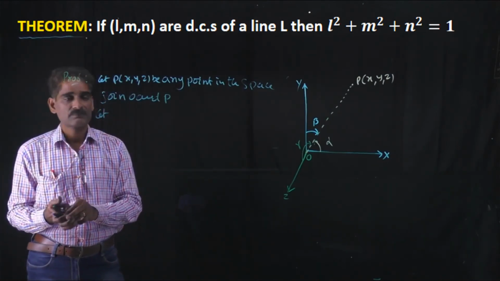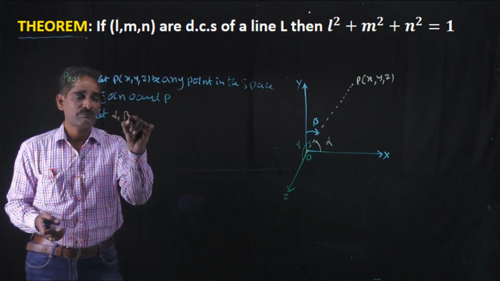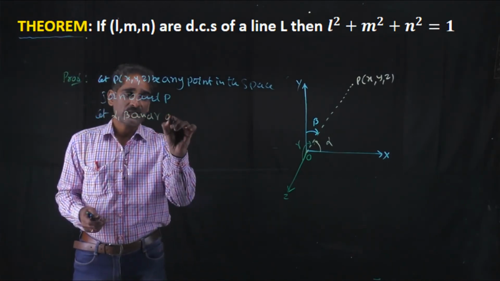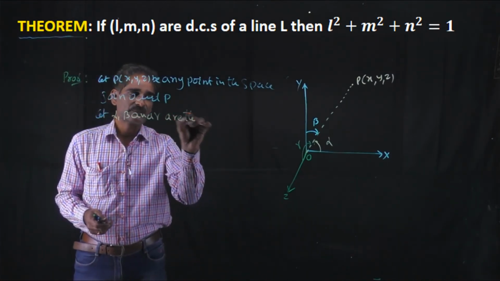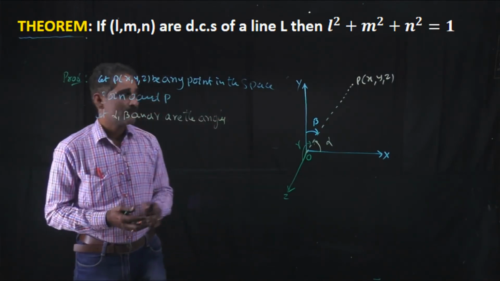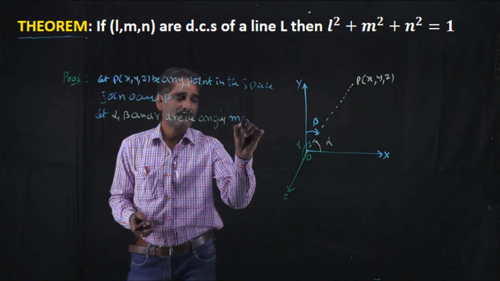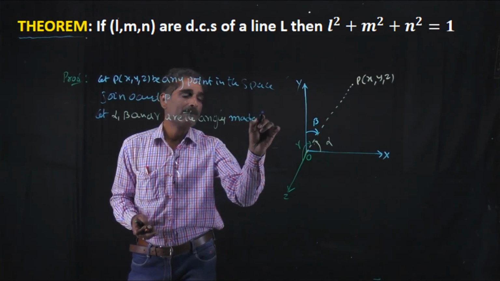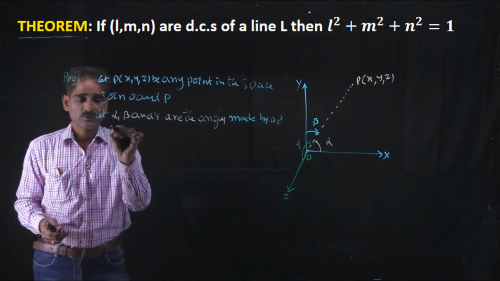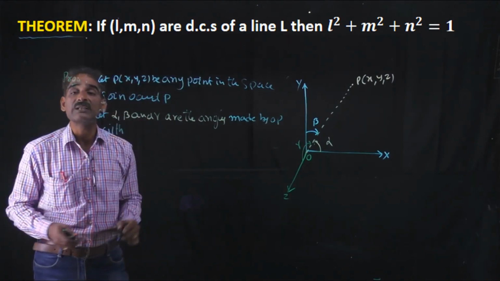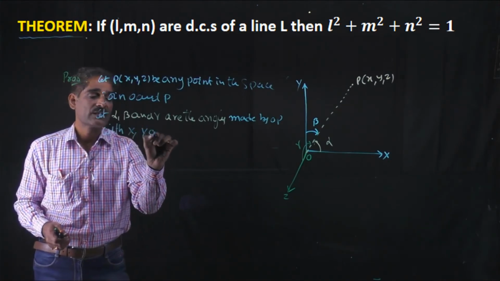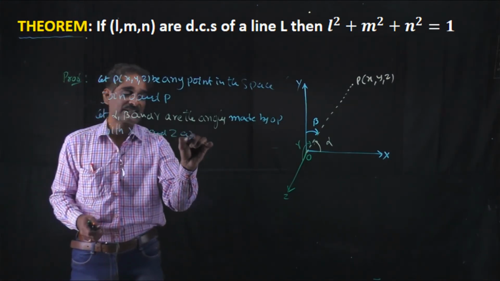Let alpha, beta and gamma be the angles made by OP with the three coordinate axes, x, y and z axis respectively.